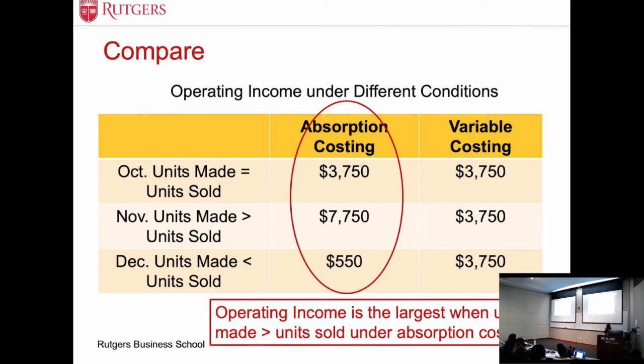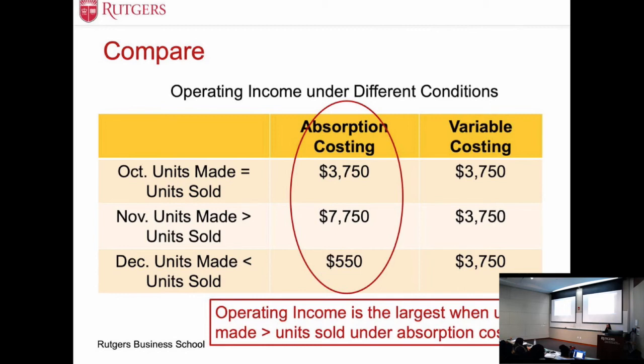Here, I'm going to say something about managers' incentive. Because the absorption costing is for the external users, you want to show people that you are making profits. So if you are the manager, do you want to make more than you sell, or make less than you sell, or equal?